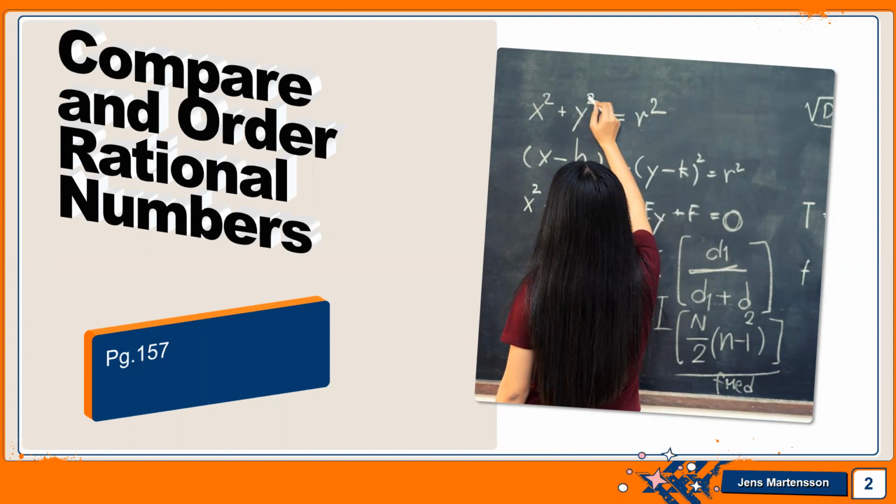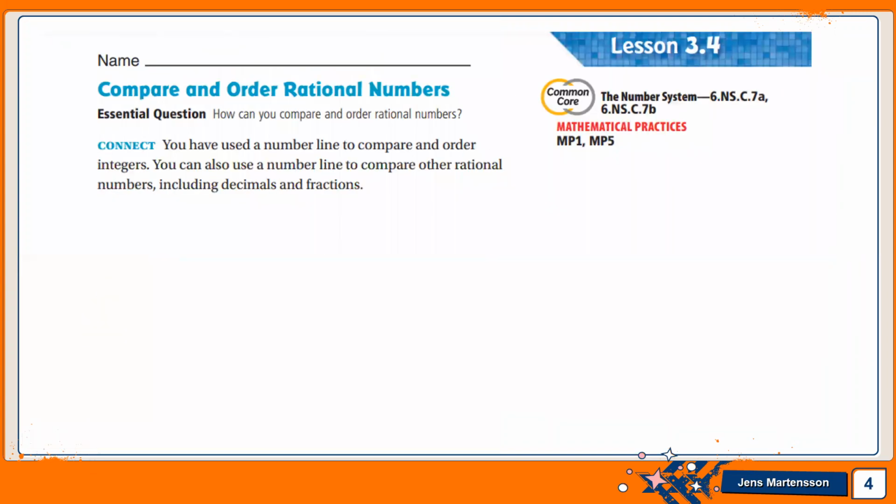Rational numbers are decimals and fractions, positive and negative. When we want to compare between them, remember that if you have a positive and a negative, the positive is greater. But if you have negative and negative, you will see which one is greater.